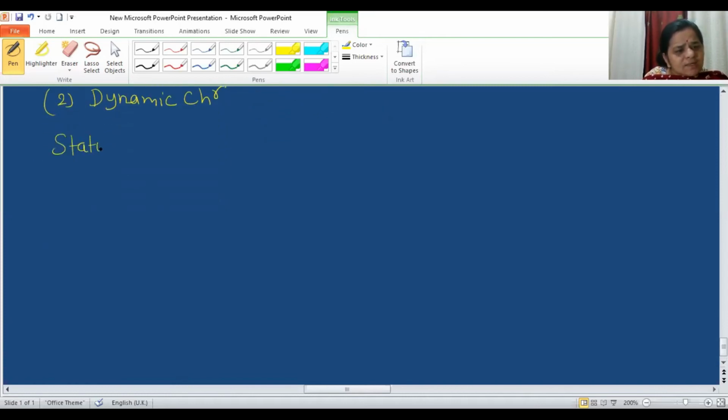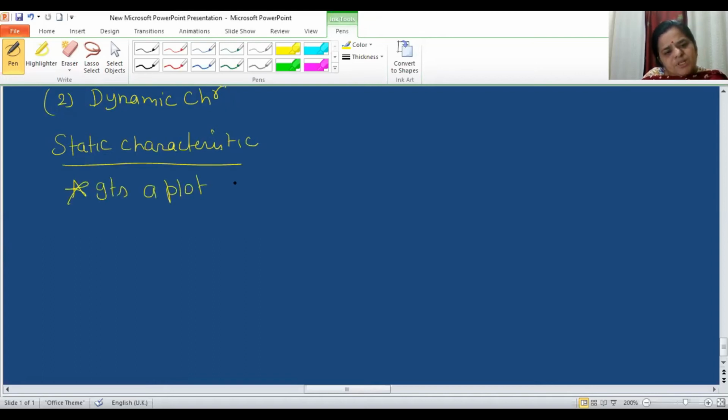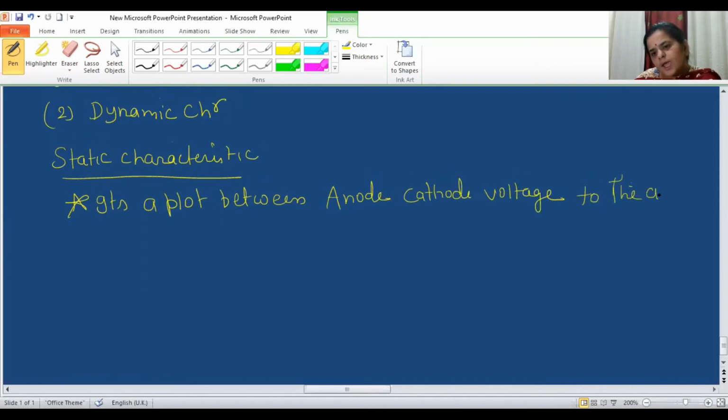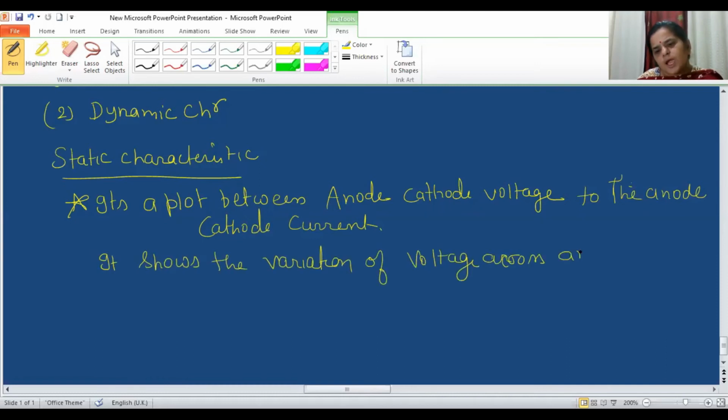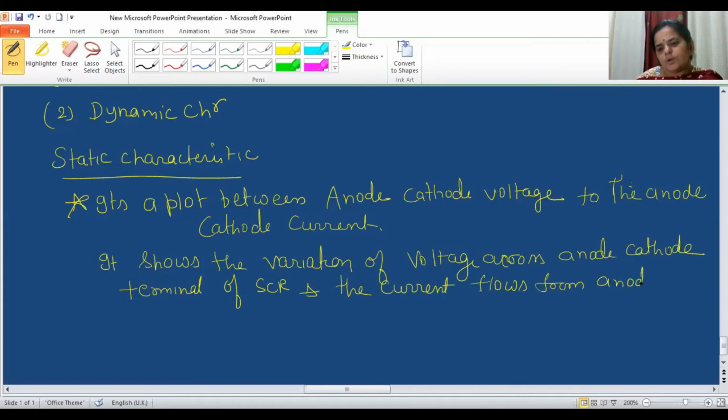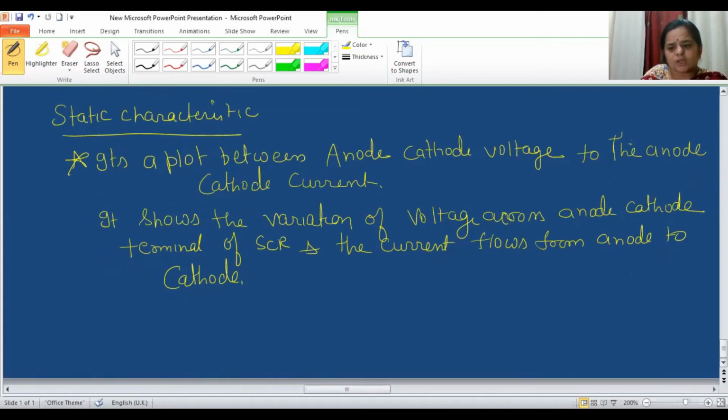So what is a static characteristic? Static characteristic is the characteristic which we plot between the anode cathode voltage and the anode cathode current. It shows the variation of voltage across the anode cathode terminal of the SCR and the current that flows from anode to cathode.